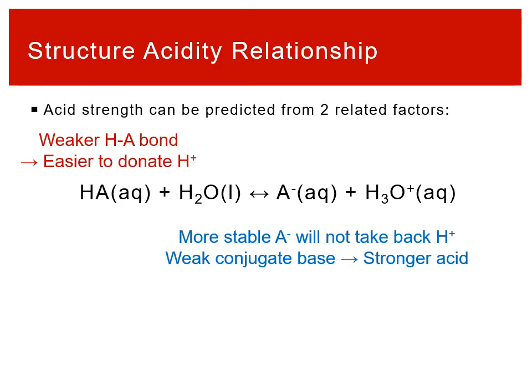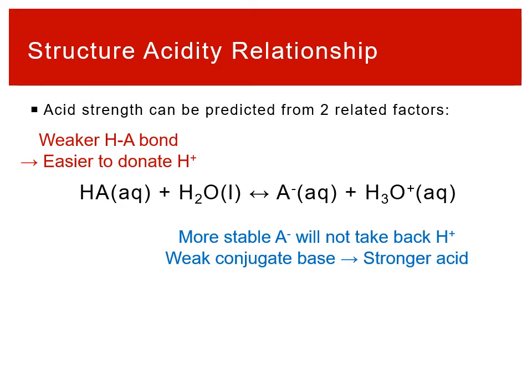So that could also happen because A-, the conjugate, is relatively weak as a base. And if it is a weak conjugate base, then the original acid would be stronger. A base is something that takes up H+. So is that base not really that desperate to gain H+?